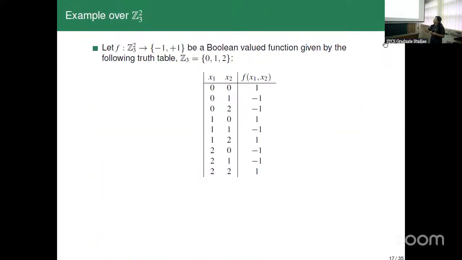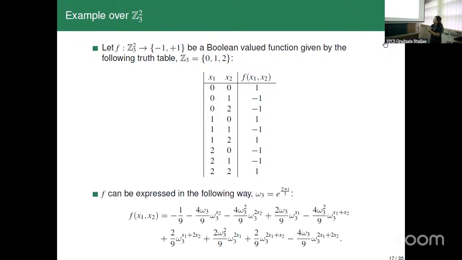So this is a truth table of a Boolean valued function from Z3 squared to plus minus 1. So it takes the value minus 1 and plus 1. But it can be expressed in this manner. So here omega 3 is the cube root of unity and hence a complex number.